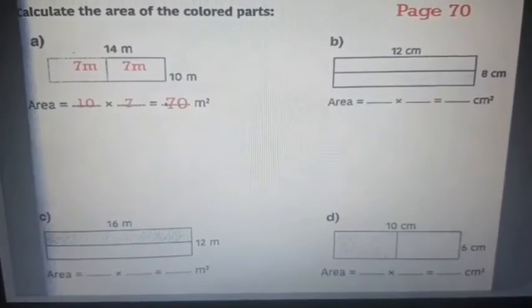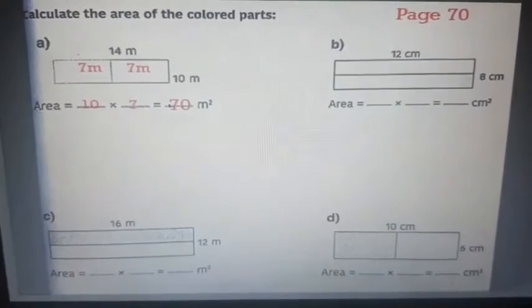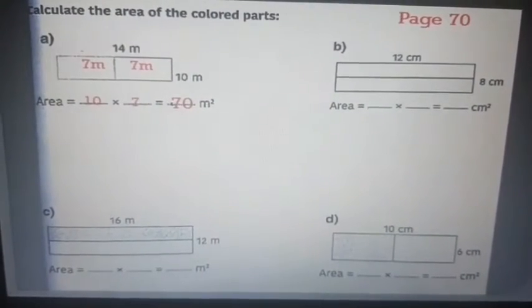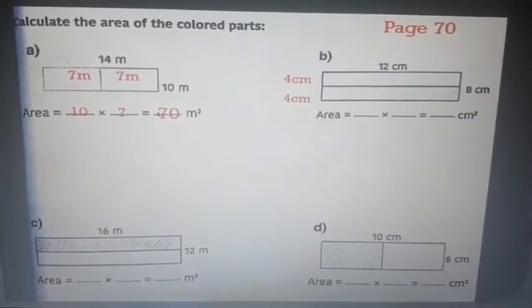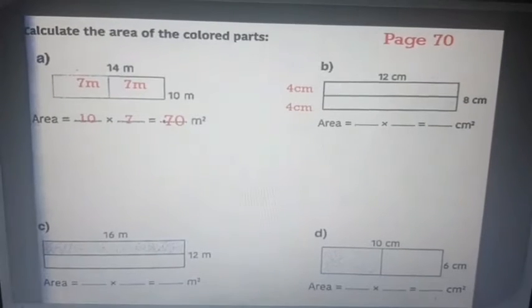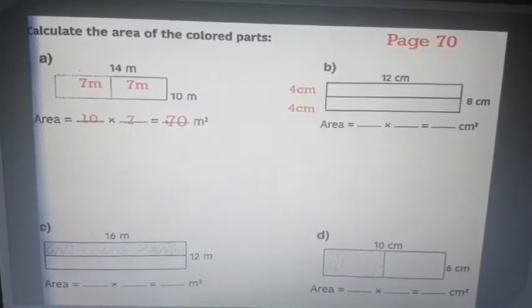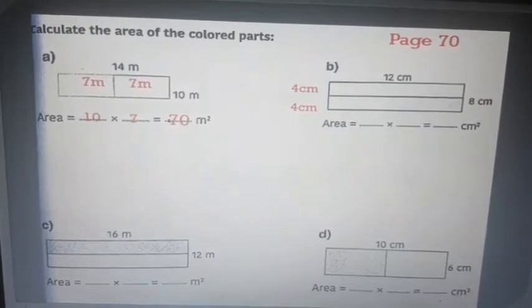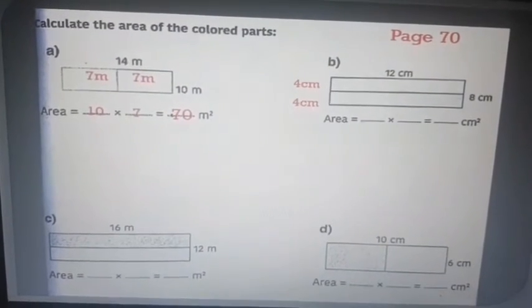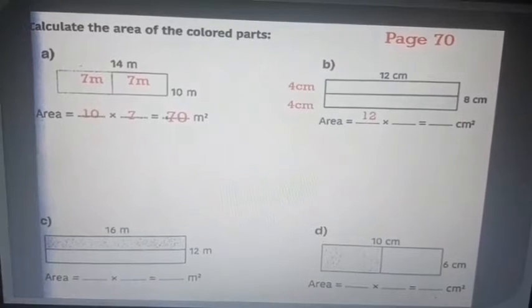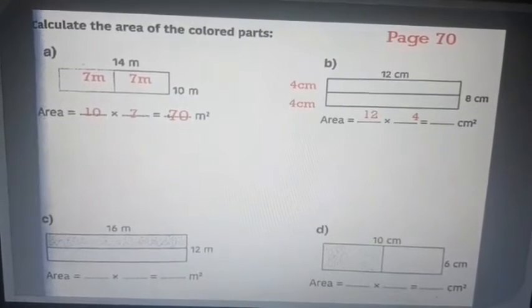Now letter B, I have a rectangle, but here he divided the width. Okay, and the width is 8 centimeters. So 8 divided by 2, the half of 8 is 4 centimeters. So I have here the small rectangle, or the half of the rectangle, with 2 dimensions, 4 and 12. So multiply 12 and 4.